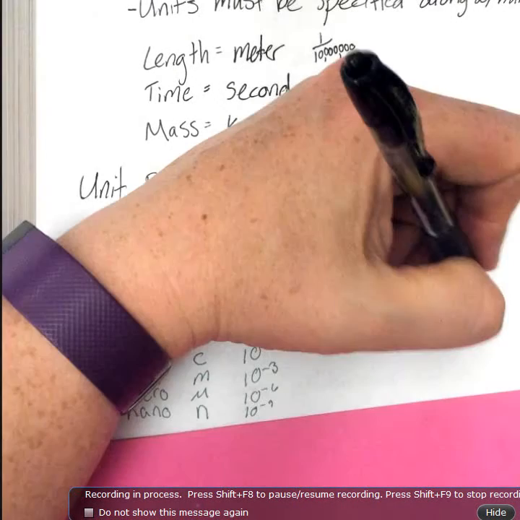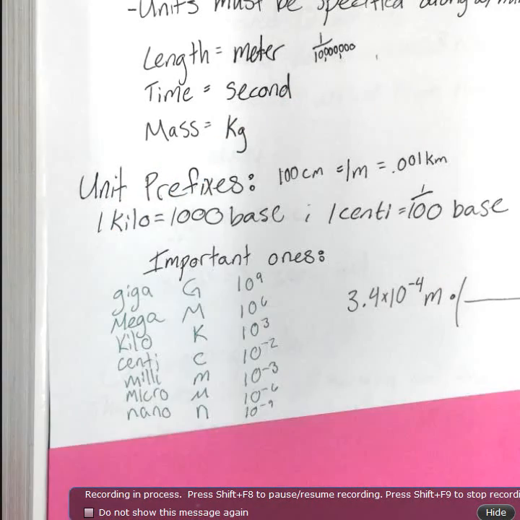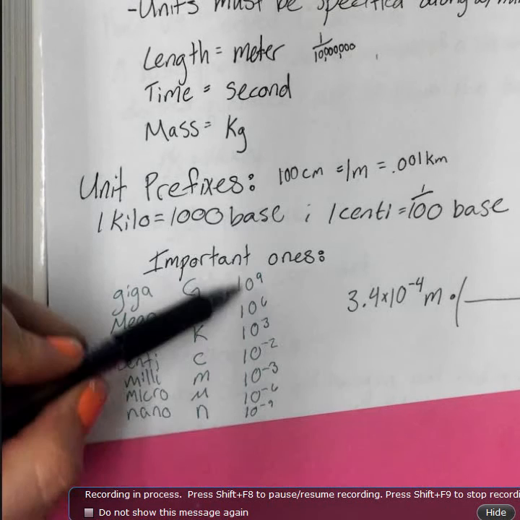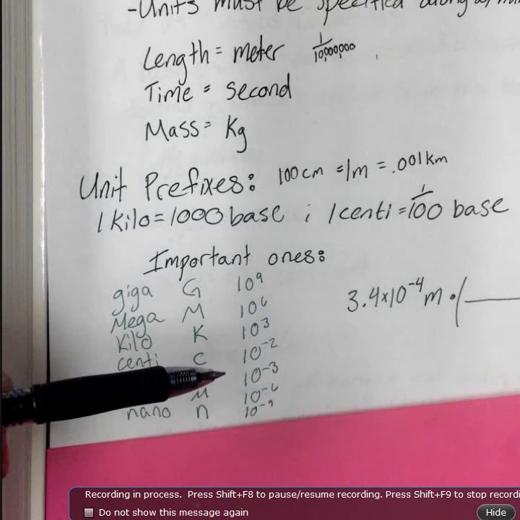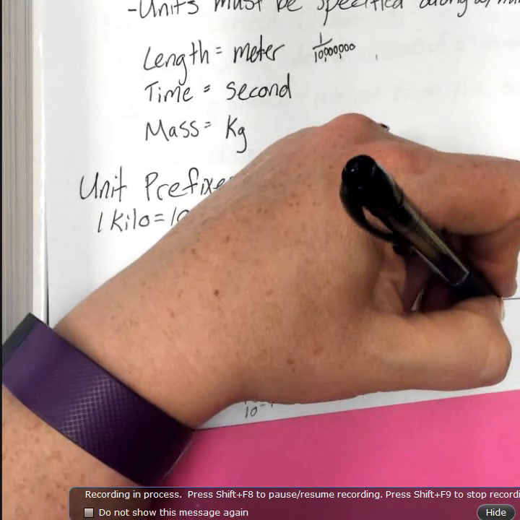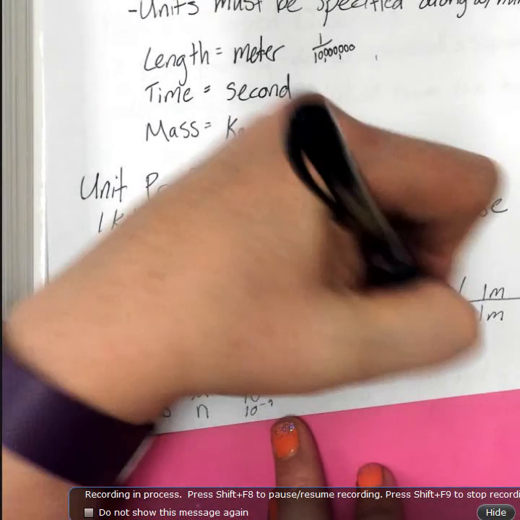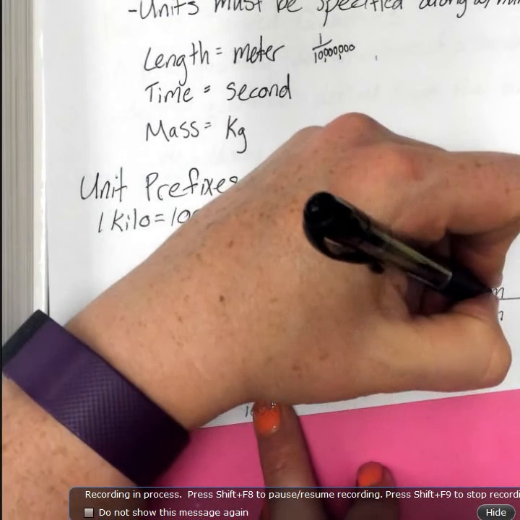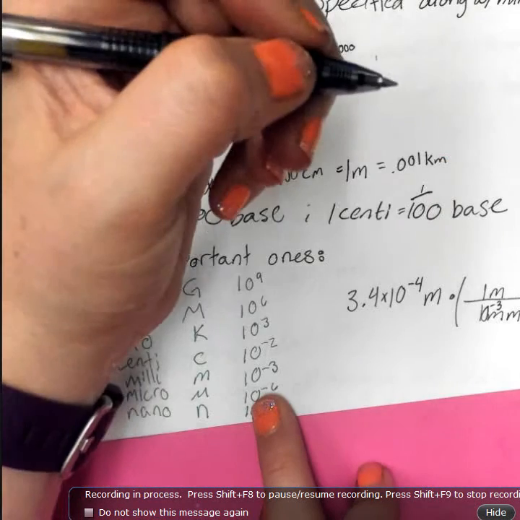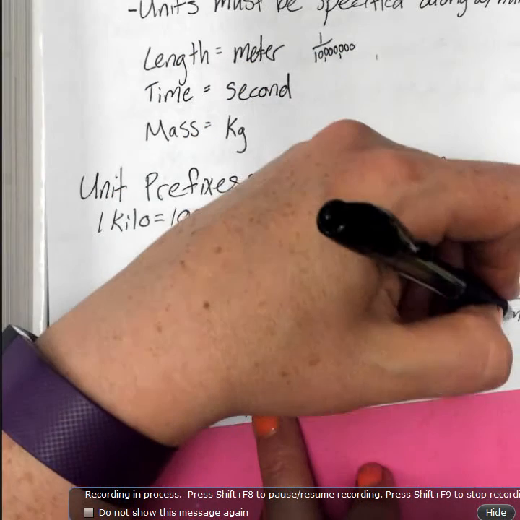So what I'm going to do is convert it based off of the value given in this column. So 1 meter, in comparison, the millimeter is going to be 10 to the negative 3rd. So that means I'm going to be converting 10 to the negative 3rd meter is 1 millimeter.